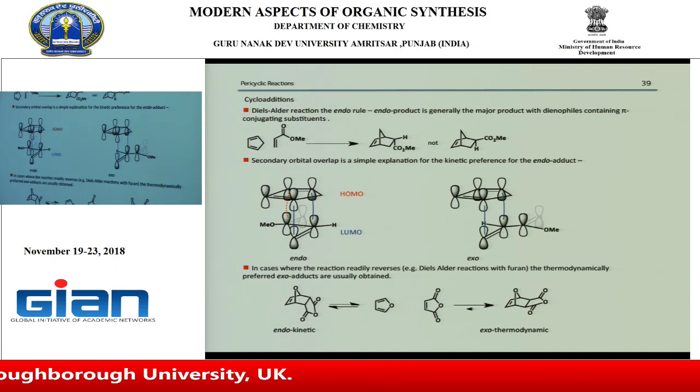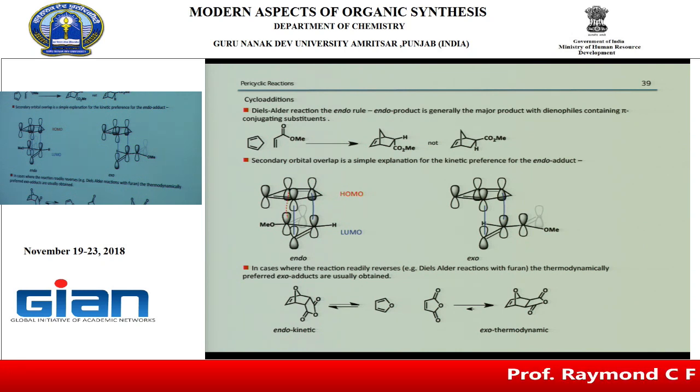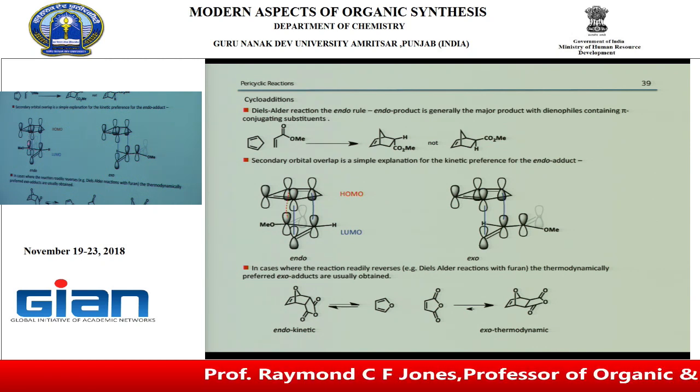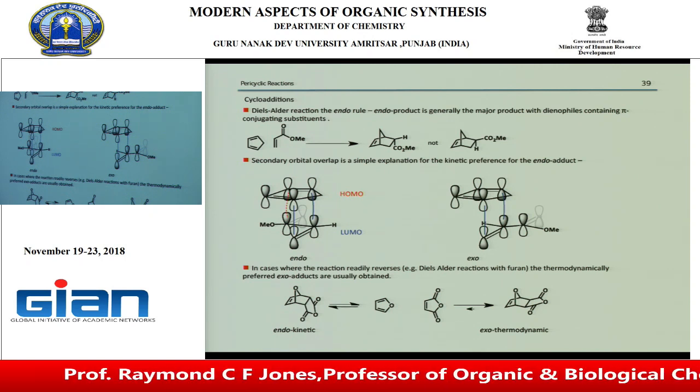If you take the first product, you isolate it, put it back in, and heat it up more than you did originally, and you go to that one. So it shows it's reversing across here. So it's this secondary overlap that is favouring the endo.